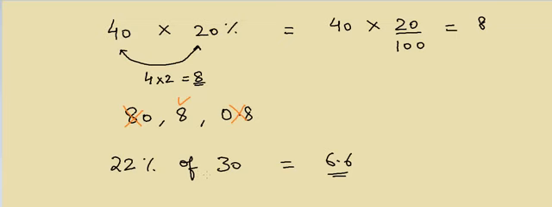I'll get 660, and I know that 660 is not possible, 66 is not possible, 6.6 is possible, 0.66 is not possible, right? So it has to be 6.6. Or if you're good at it, you can also cancel the zeros by yourself.